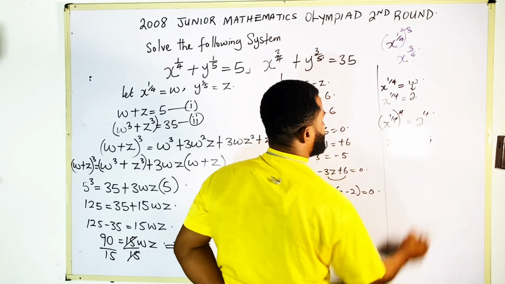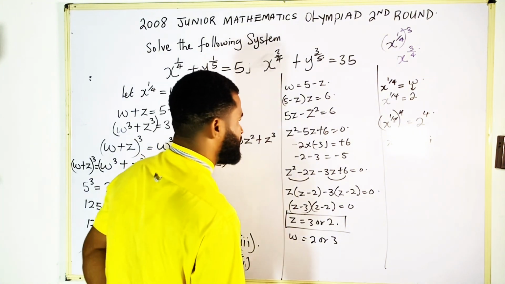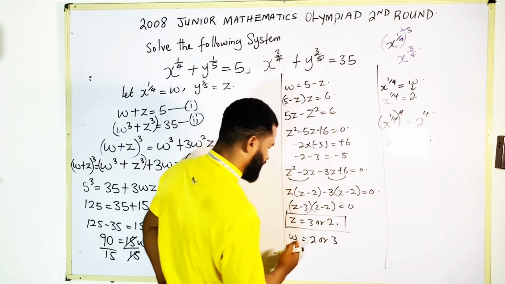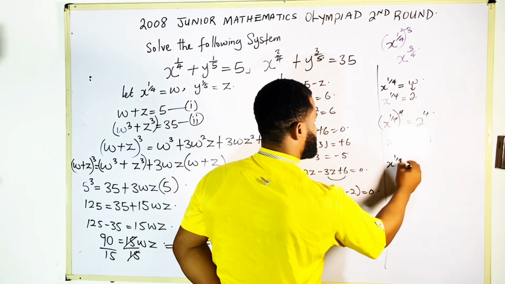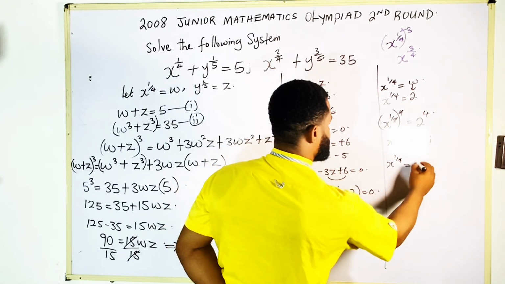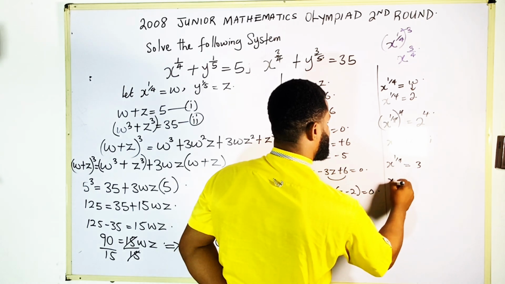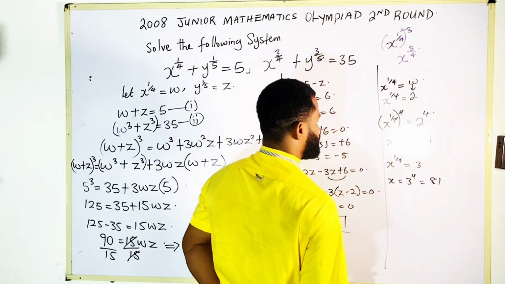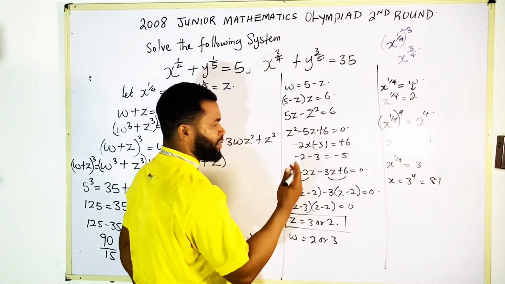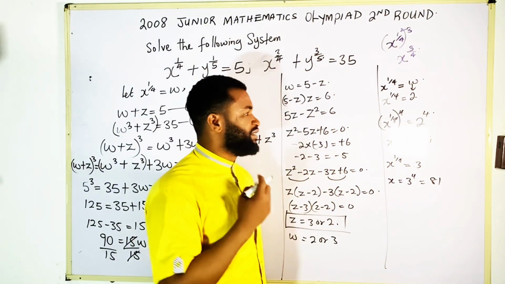That is the first value for x. Then I'm also going to do it for the other value of w. So x raised to the power 1 over 4 is equal to 3. Then x is going to be 3 raised to the power 4, which is 81. So x can be 81 and 16.